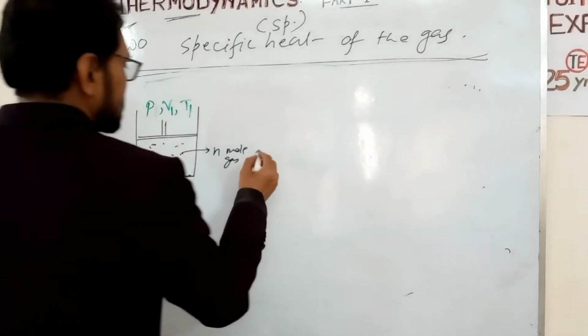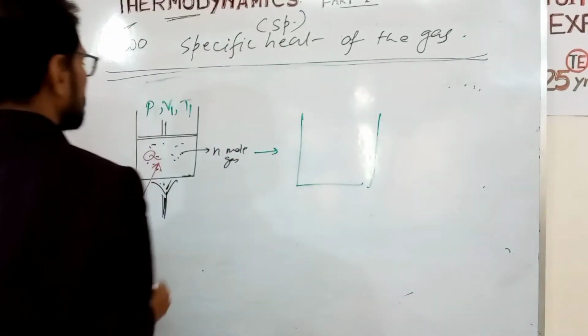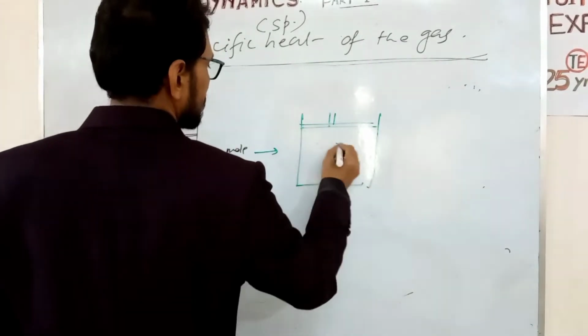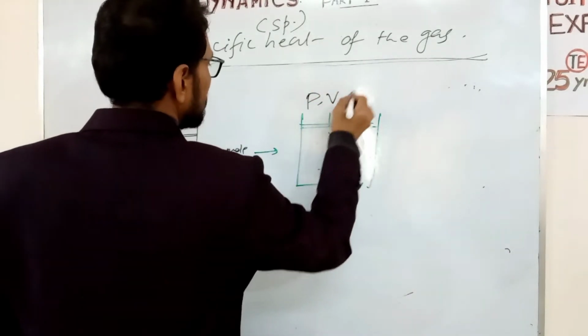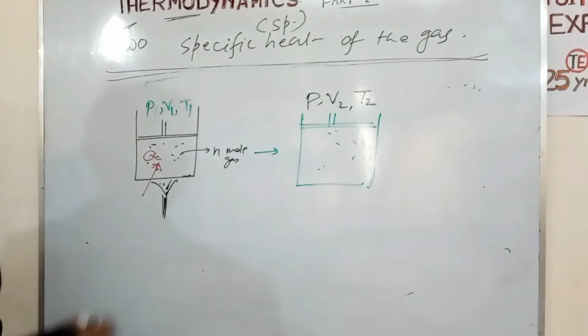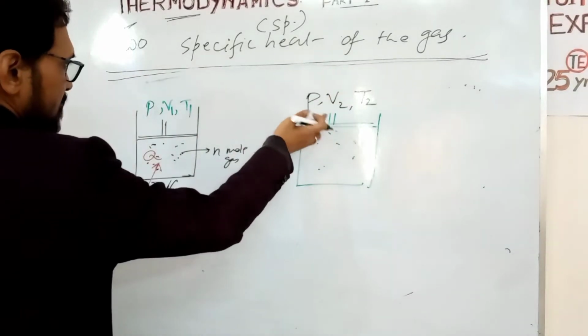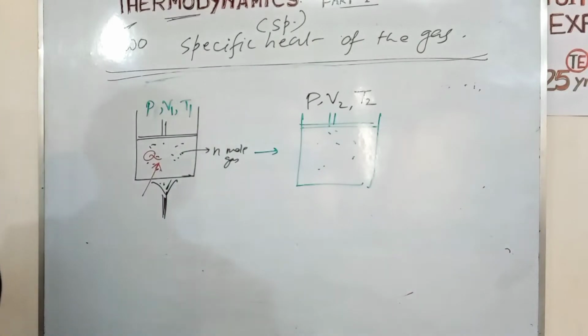After supplying the heat, the pressure remains constant and the volume expands. Now the pressure is P, volume V2, and temperature T2. The gas expands at the same pressure, and volume and temperature are changed.